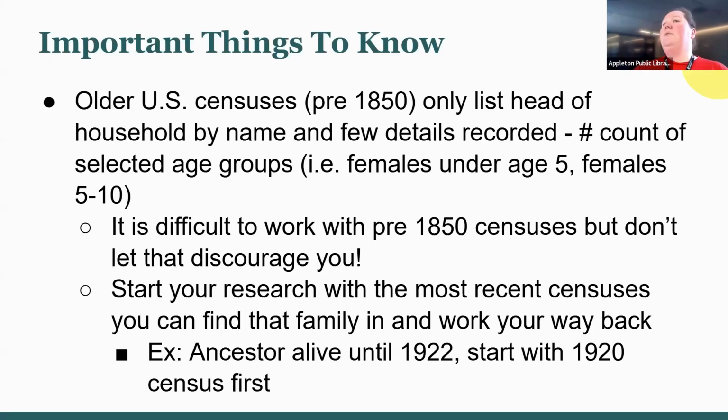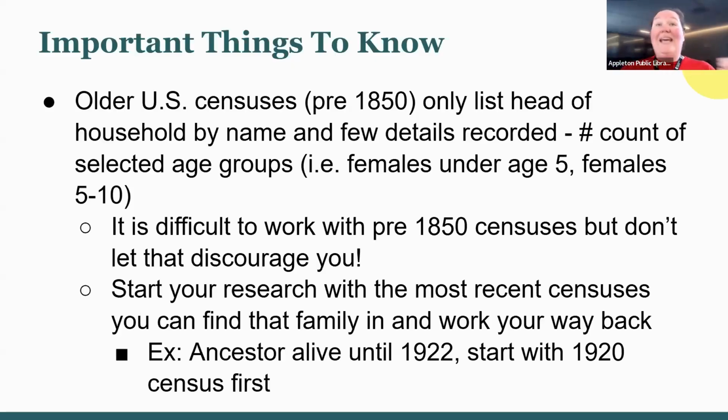What I always tell people to do is start with the most recent census you can find on your family and work your way back. So if your ancestor was alive up until 1922, obviously the last census that ancestor is going to be featured in is the 1920 census. So I'm going to find him in that 1920 census, then I'm going to go to 1910, then 1900, et cetera.